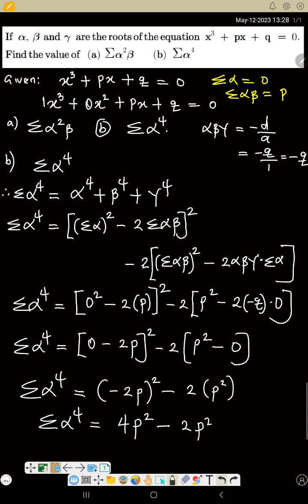So summation alpha raised to power 4 is equals to 2p squared. That is 4p squared minus 2p squared. So that is 2p squared. So that is the final answer. So we have solved the question.